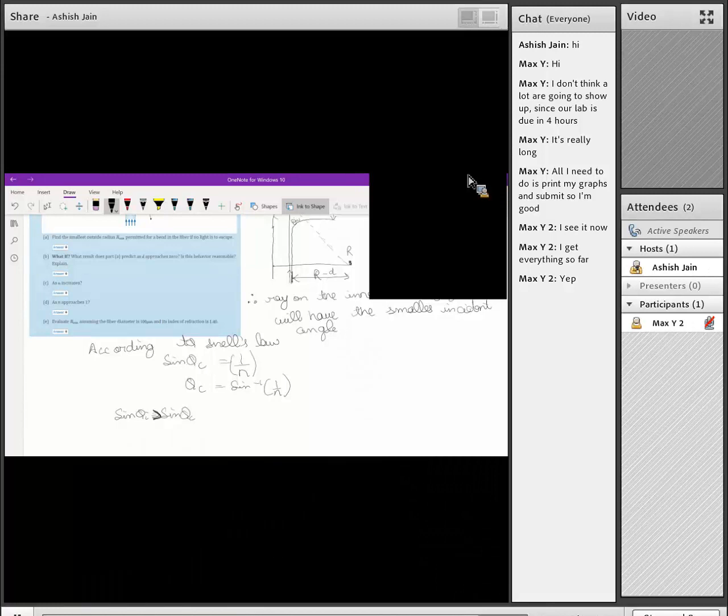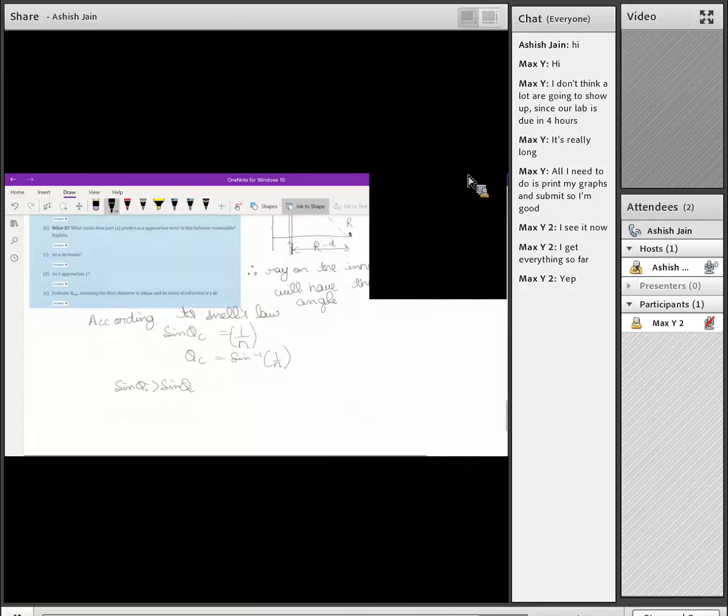Okay, minimum. Your minimum incidence angle should be greater than your critical angle, then only your light will be totally internally reflected, or experience TIR.